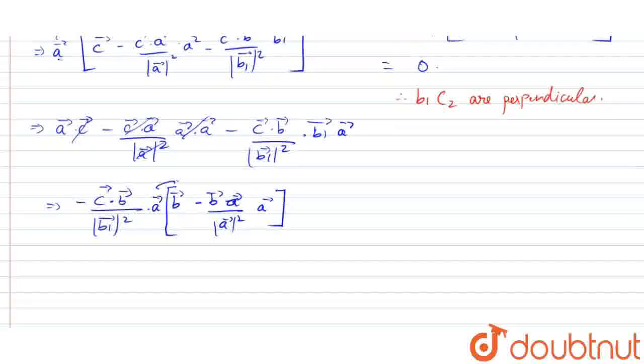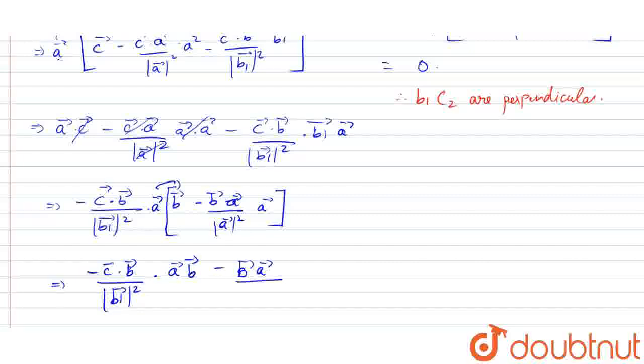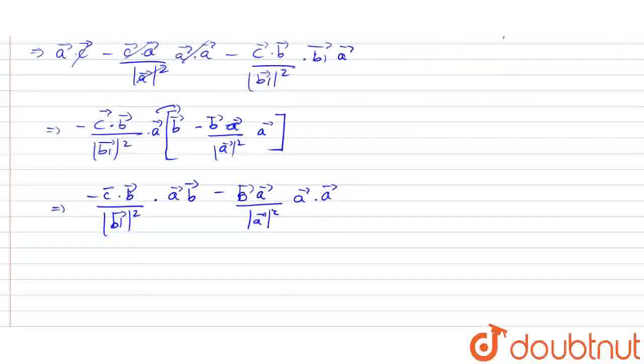So I'm going to take this a vector to the inside, so it will become minus c vector dot b1 vector divided by b1 vector the whole square into a vector dot b vector minus b vector dot a vector divided by mod of a vector the whole square into a vector dot a vector. Here this value cancels, and this value cancels. So this is the bracket, and it is 0. So 0 into 0 is equal to 0.